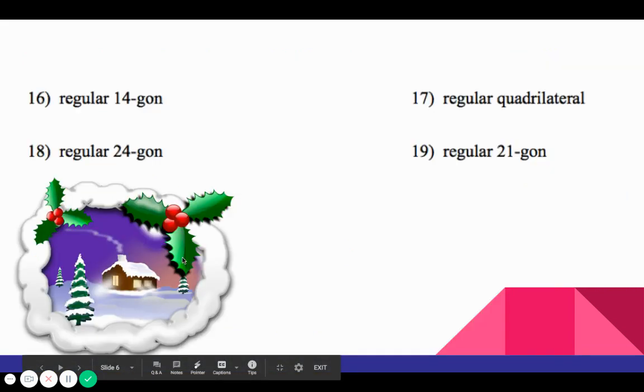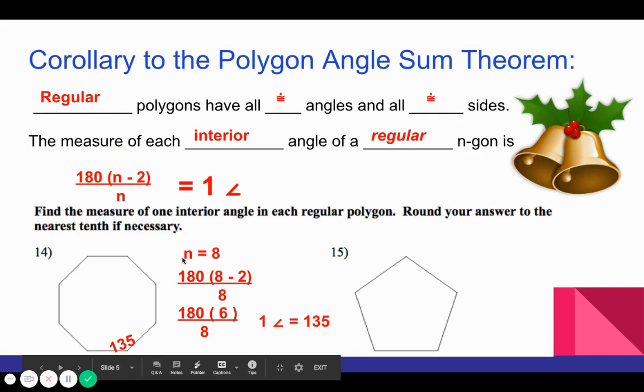Now, number 15, if your last name is A through F, you're going to do number 15 and bring it to me when we meet.